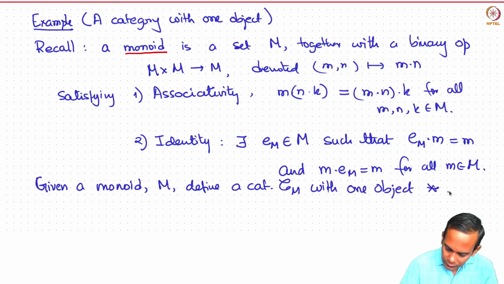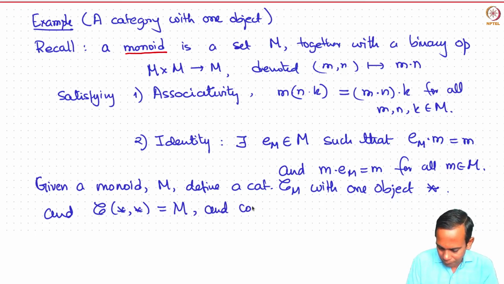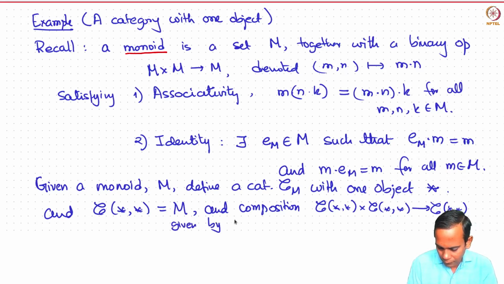Usually we denote it by star, and the set of arrows from star to star is just the set of elements of the monoid M. There's only one object to worry about, so the only composition map that you have to worry about is from C(star, star) cross C(star, star) to C(star, star), given by n circle m is nm, multiplication in the monoid.